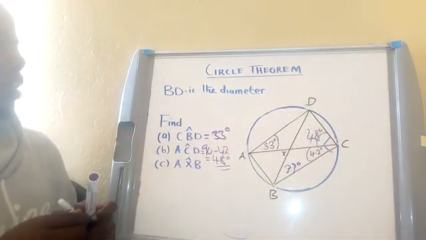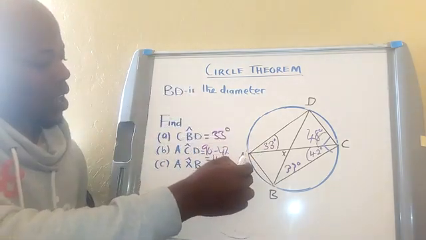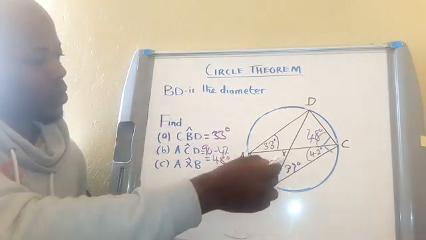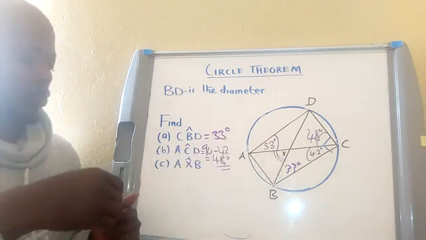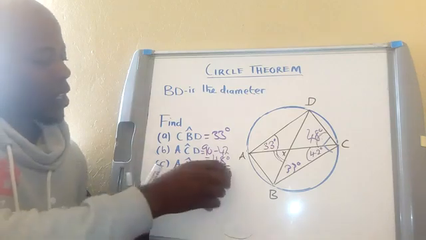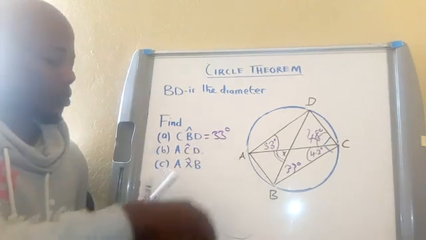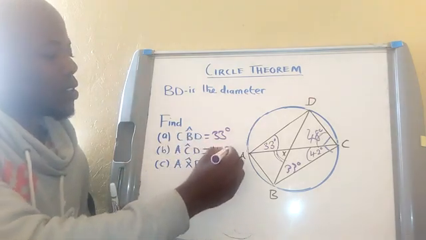We go to the next one where they want us to find angle AXB. So this is our X. They want us to find this angle over here. So how are we supposed to find the angle? Let me write this properly so that it's visible.